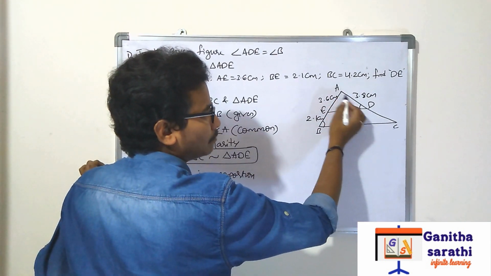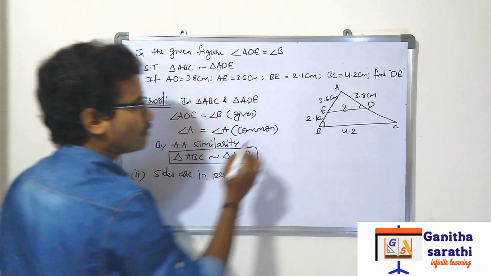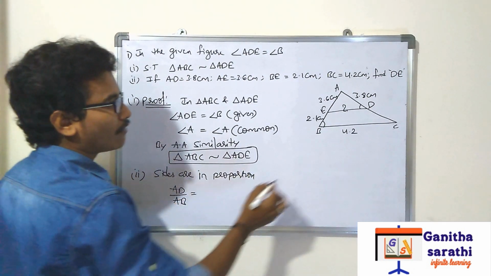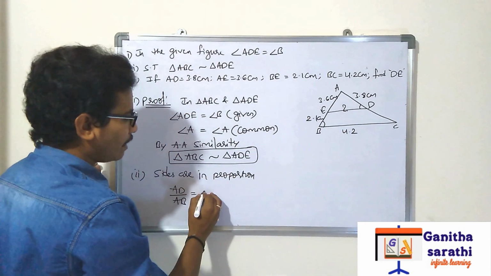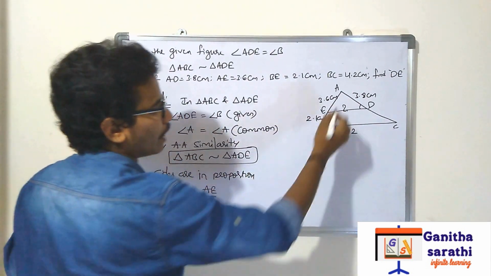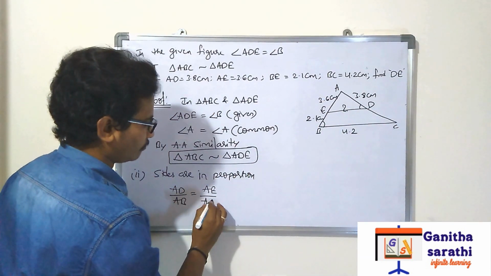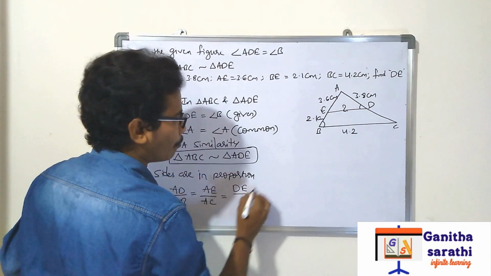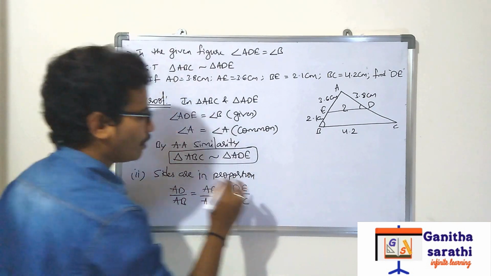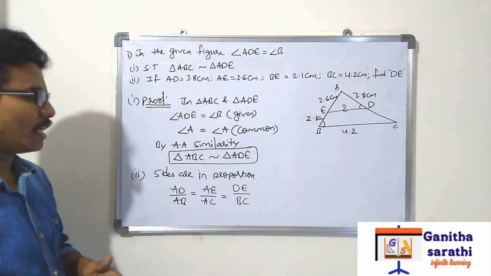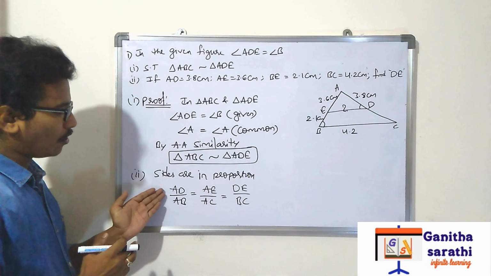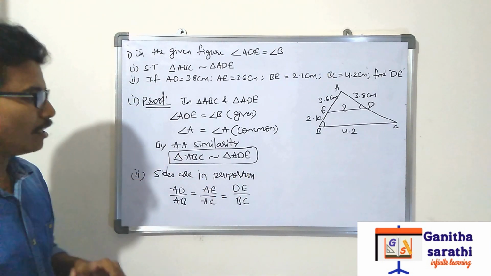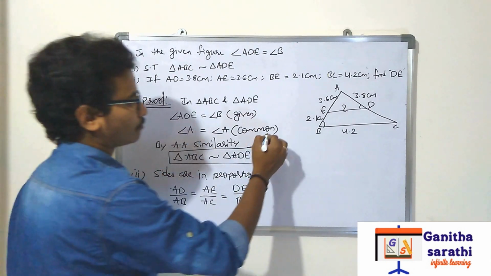So AD and AB, these two sides will be in proportion. AD by AB is equal to, small triangle again, AE by big triangle AC, is equal to the remaining small triangle DE by big triangle BC. Understood? When taking the proportional sides, whatever you have taken first, small, in the next case also you take small, then big, like that. Okay, don't change the order.